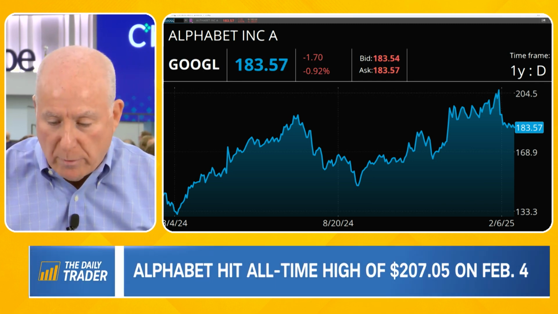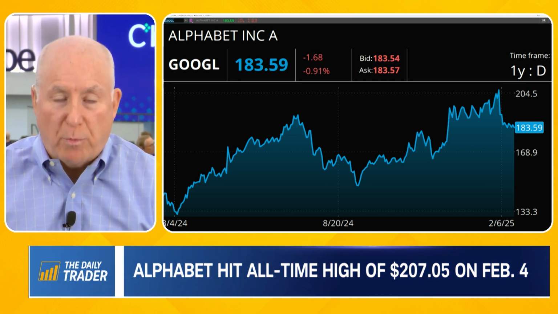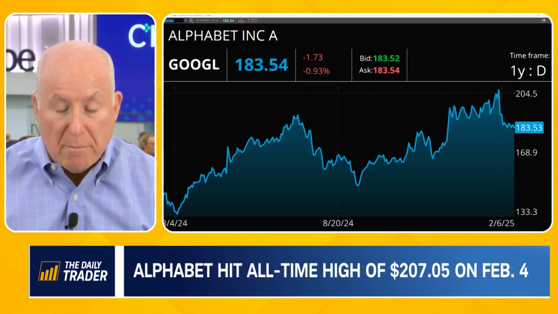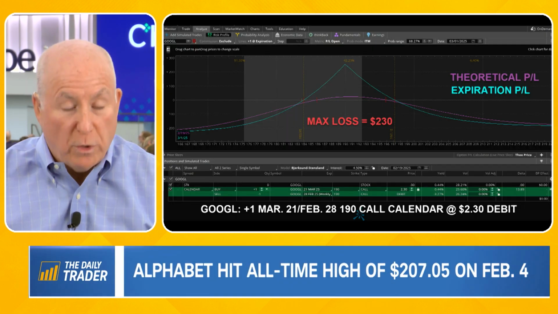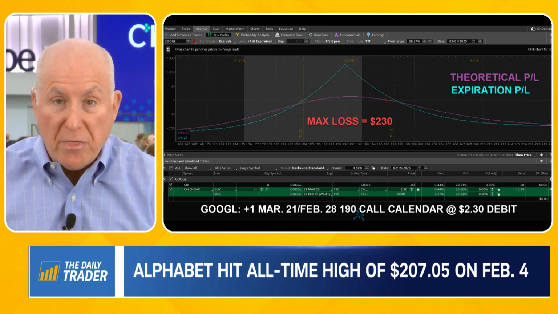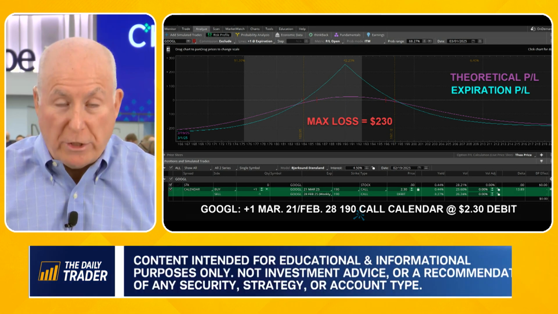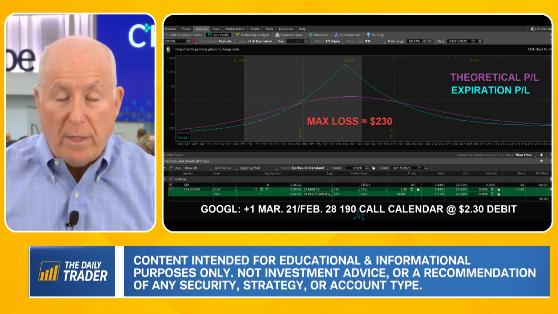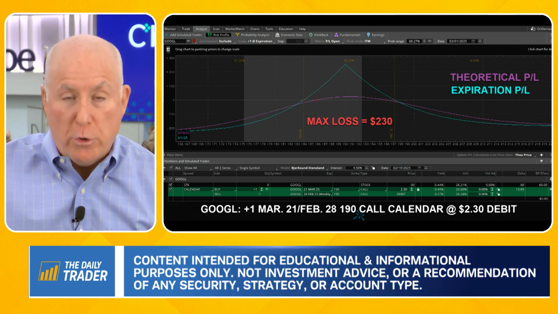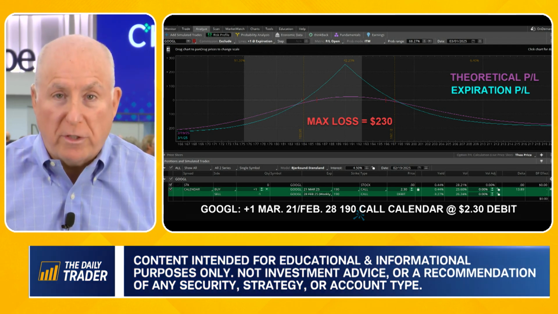The paper money trade we looked at here is something in the calendar spread family. That's just going out to the March 21st expiration, which gives you basically a month of duration on the long side of this trade, which we'll talk about. It will allow you to extend duration on the short side of the trade.